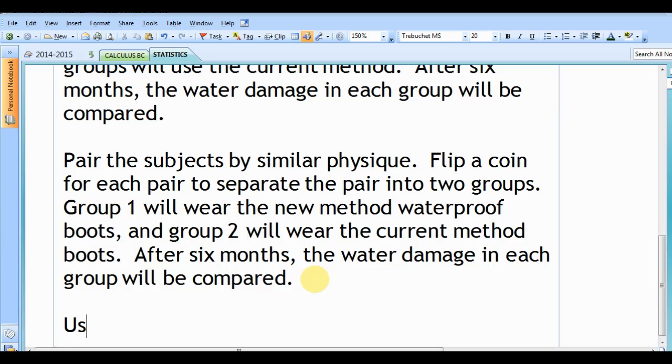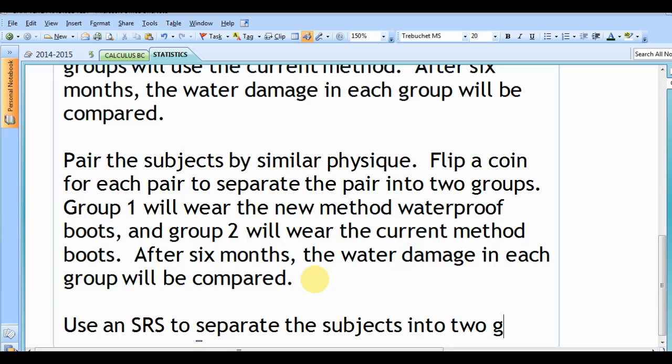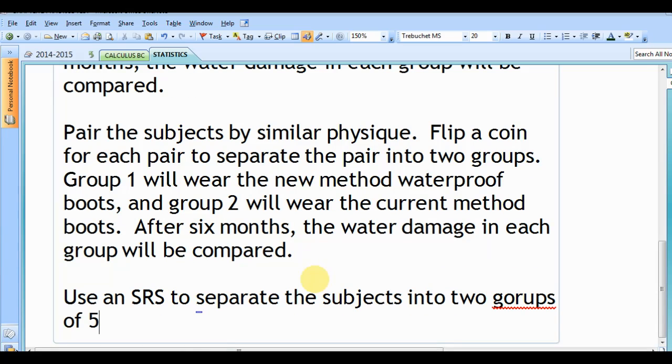We could use an SRS to separate the subjects into two groups of 50. Group one wears the new boots for the first 3 months.